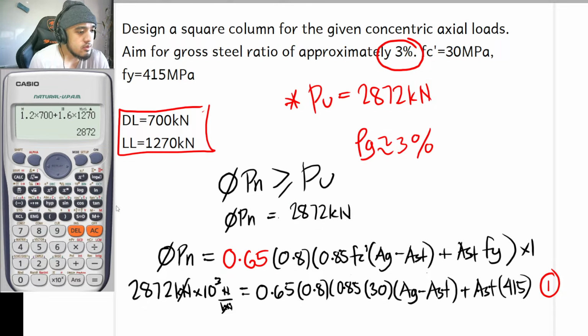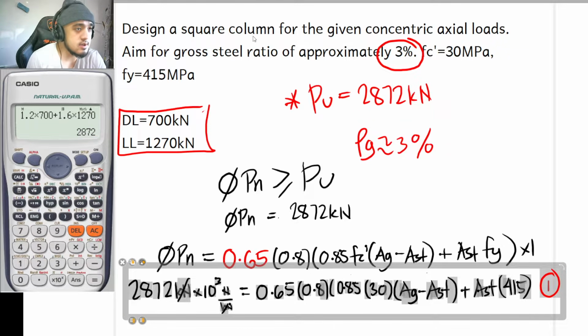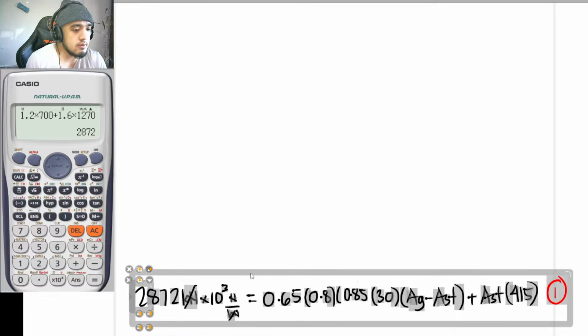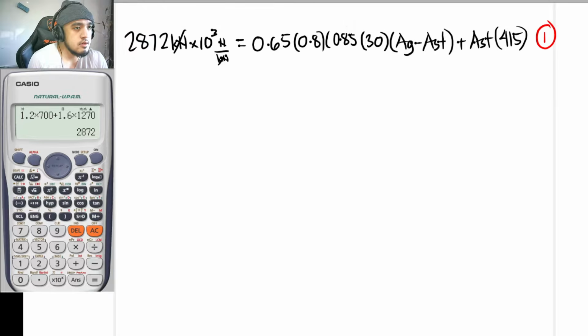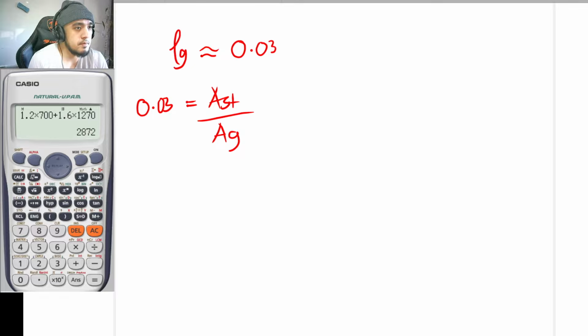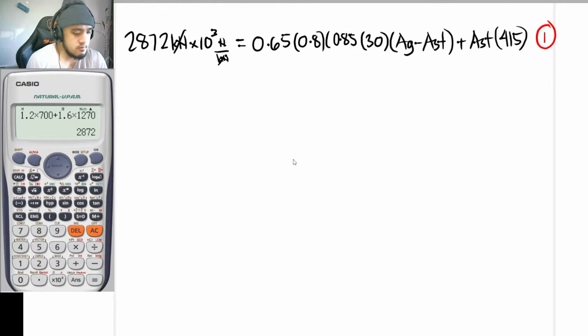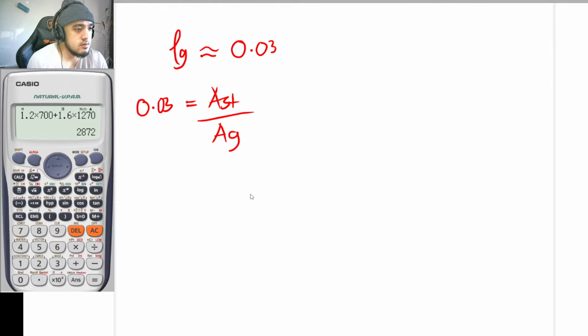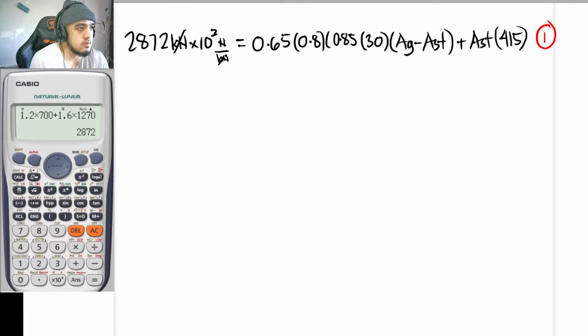I would just be copying this to our next slide since I do not have any space anymore. So rewriting this, AST is equal to 0.03 AG.